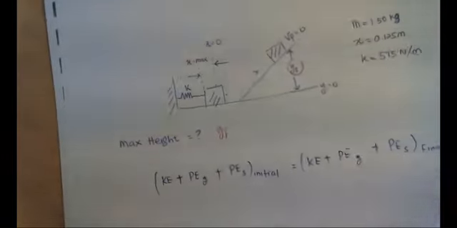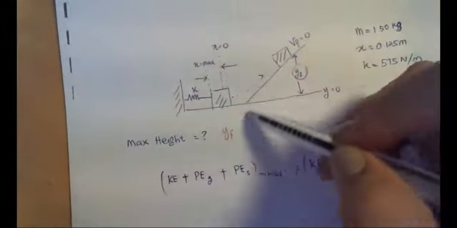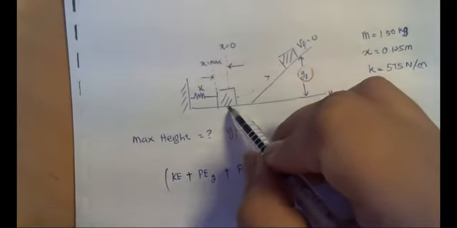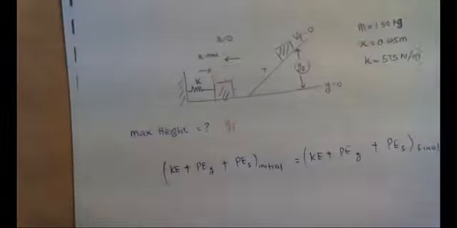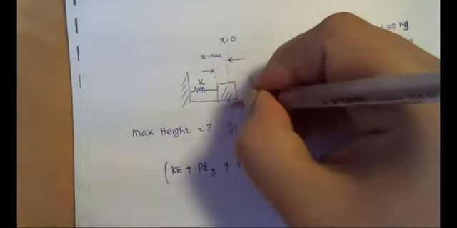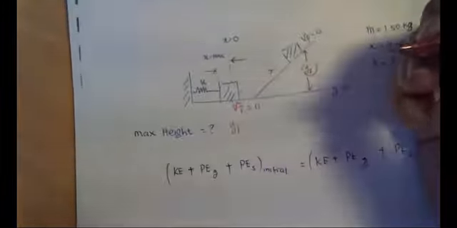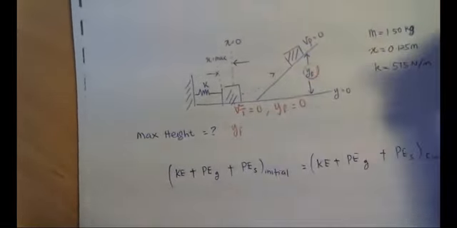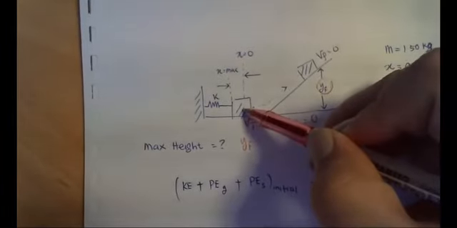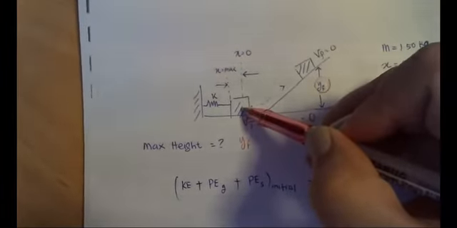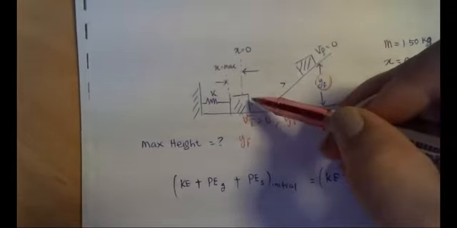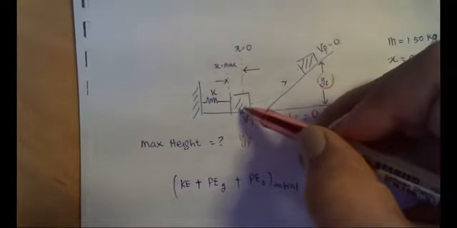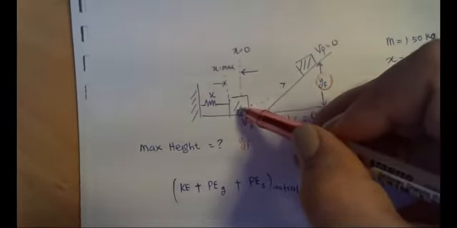In this question, this is the first position of your block, where before it is pushed, the velocity is equal to 0 and the y initial is also equal to 0, because at this point the student has not yet pushed the block, and the block is positioned at the horizontal point.